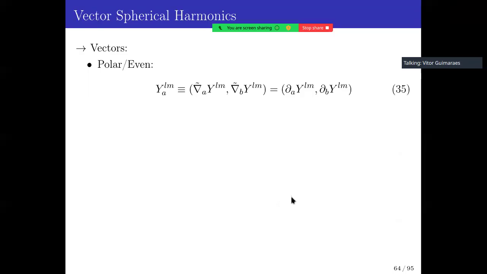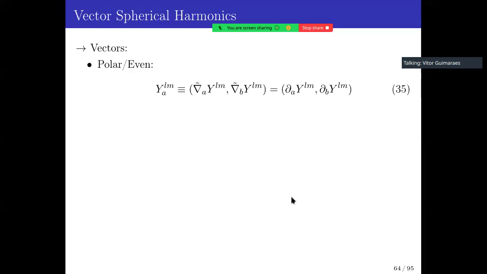Now, since we are talking about a spherical symmetry, we are going to decompose and subdivide our vector and tensor spherical harmonics into what we call polar/even vectors and tensors and axial or odd, okay? We can identify them as polar or axial, or we can identify them by how they transform under parity. But we're going to talk about this in a moment.